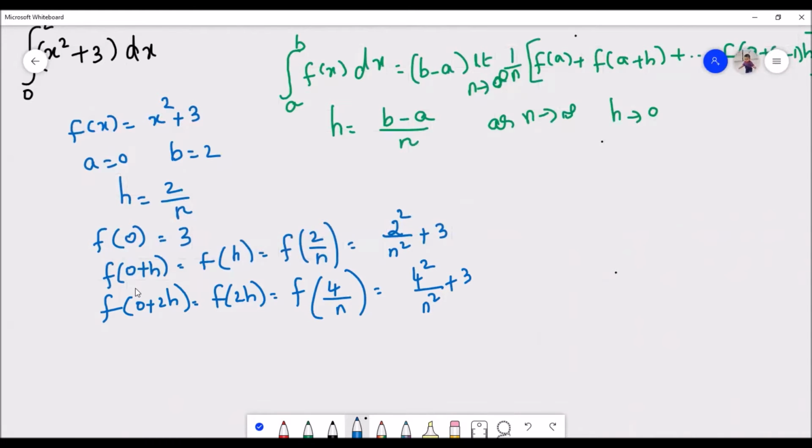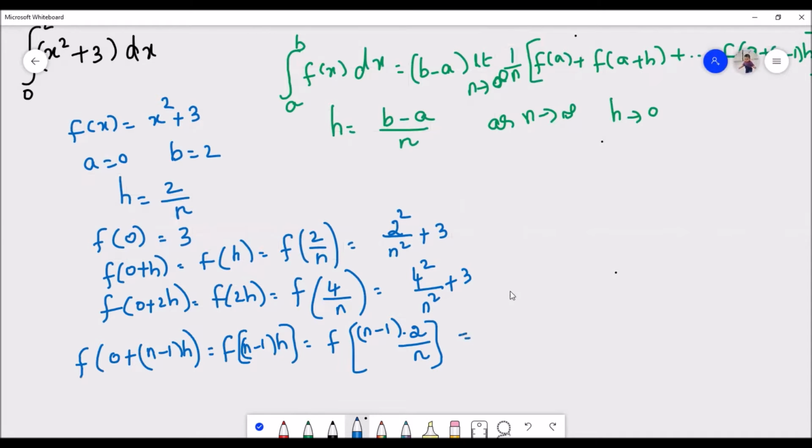So we got f of 0, then f of a plus h, and so on. The last one is f of a plus n minus 1 of h, which is f of 0 plus n minus 1 of h, which is f of n minus 1 of h. Now f of n minus 1 of h, with h equal to 2 by n, is f of n minus 1 into 2 by n.